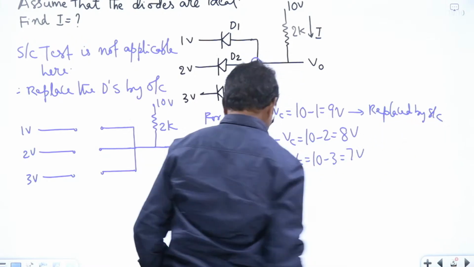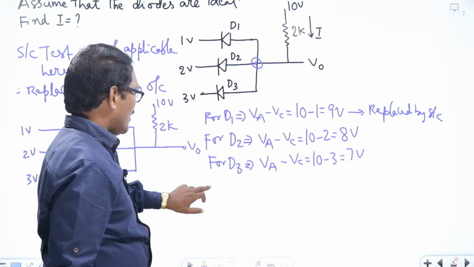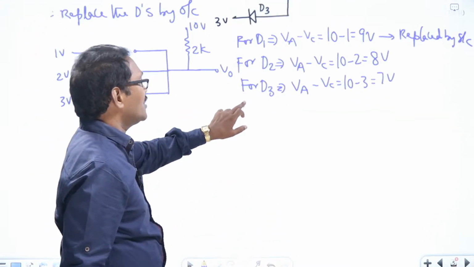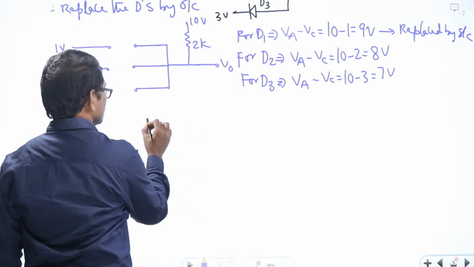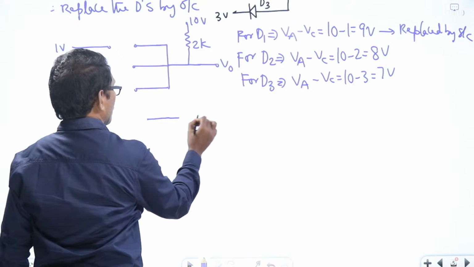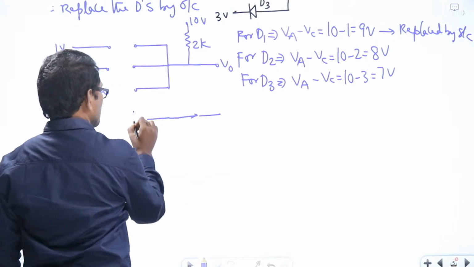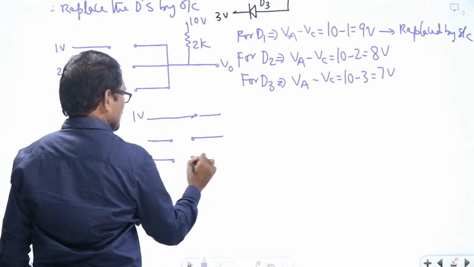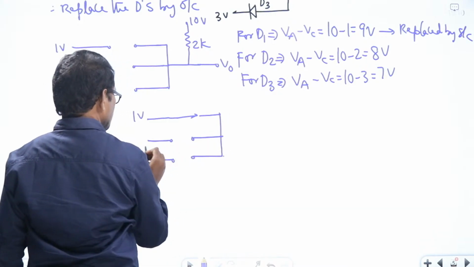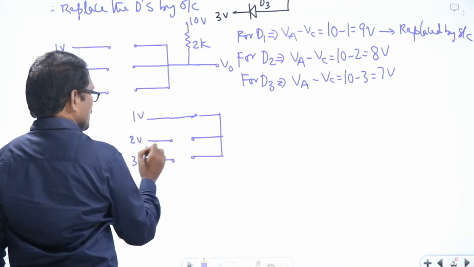So I will draw the equivalent circuit diagram here: this is replaced by short circuit, 1 volt, and this is open circuit D2, and D3 is also replaced by open circuit, 2 volts, 3 volts.